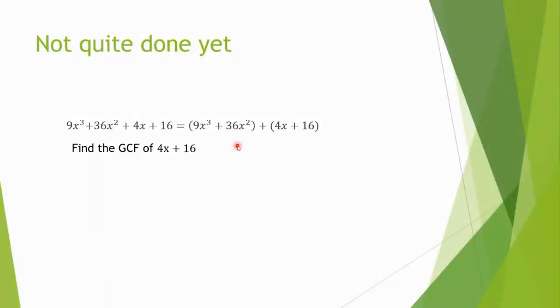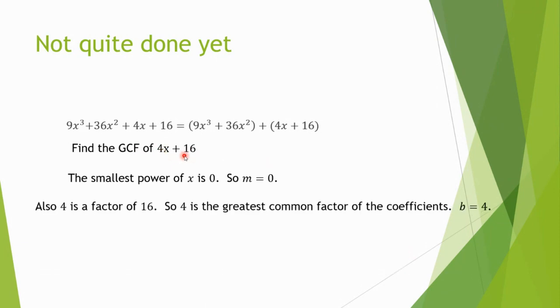For the second group, same thing. We have to get the GCF. So again, as before, there's a non-zero constant term. m is 0. 4, but just like with 9 and 36, 4 is a factor of 16. So since 4 is a factor of 16, 4 is the greatest common factor of 4 and 16.